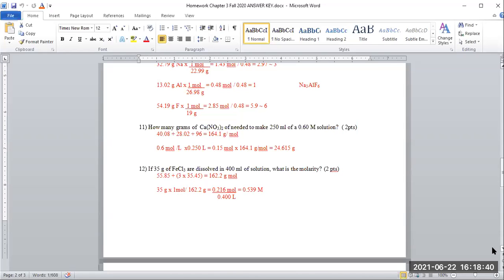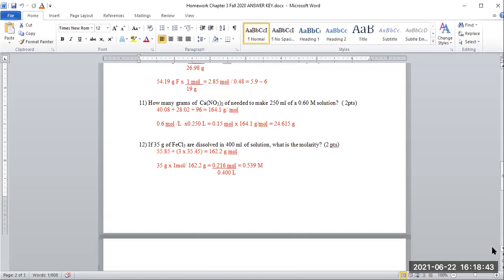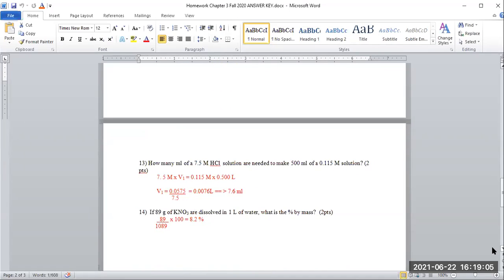Going back in the opposite direction, I gave you a gram weight, 35 grams. So you are dividing by your molar mass. That will give you 0.216 moles. And then you are dividing again by milliliters converted over to liters to give you 0.539. You need the M1V1 equals M2V2 equation for the dilution.